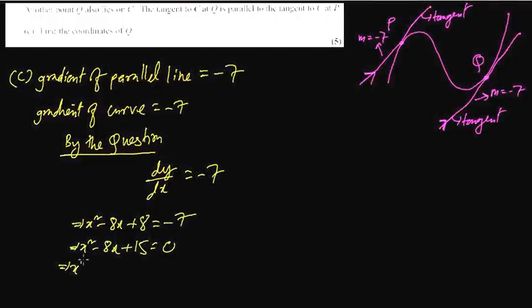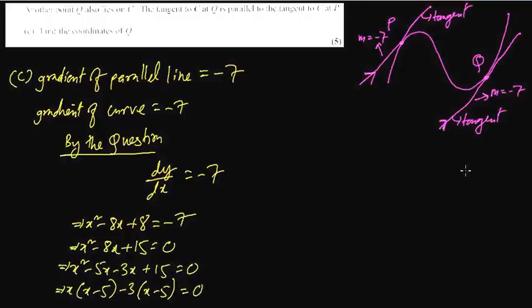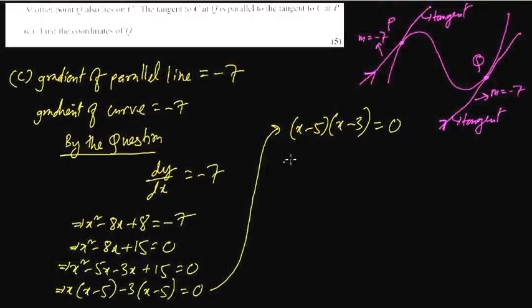So we need x squared minus 5x minus 3x plus 15 equals 0. If you take x common, it will be x minus 5. If you take minus 3 common, it will be x minus 5. So x minus 5, x minus 3 equals 0. Therefore x equals 5 or x equals 3.